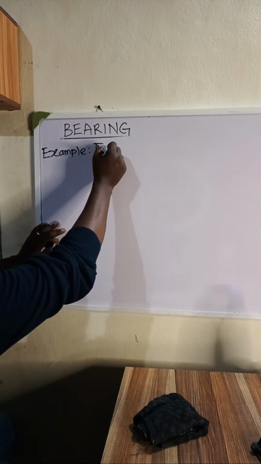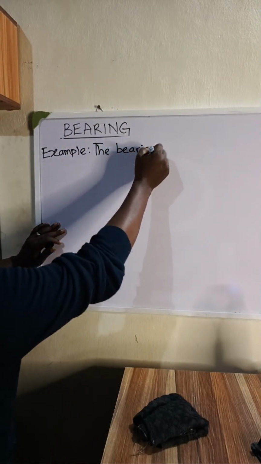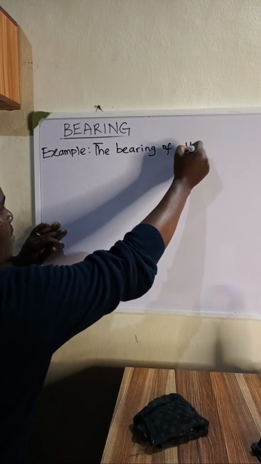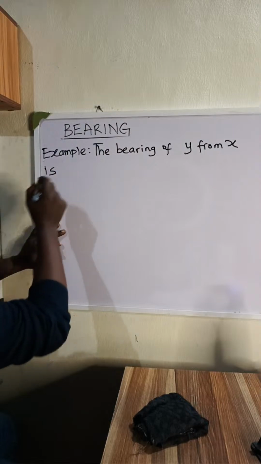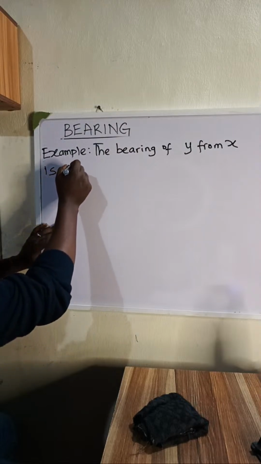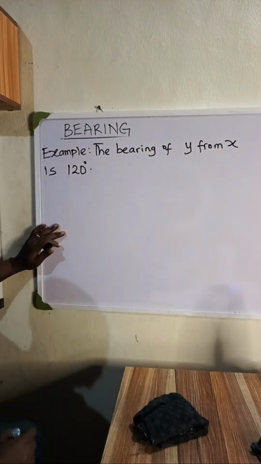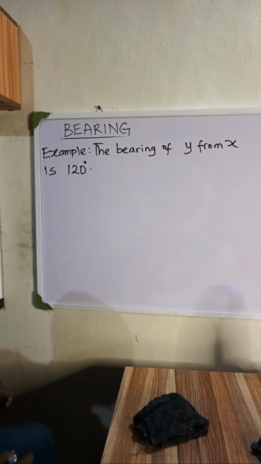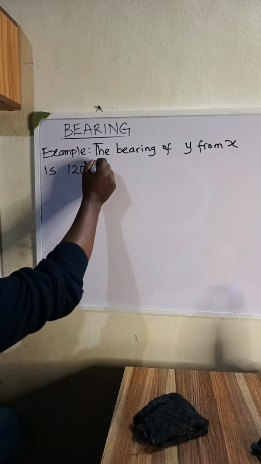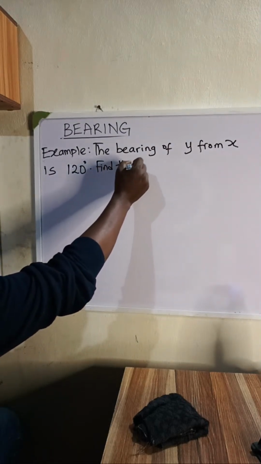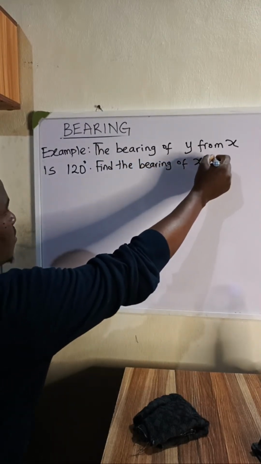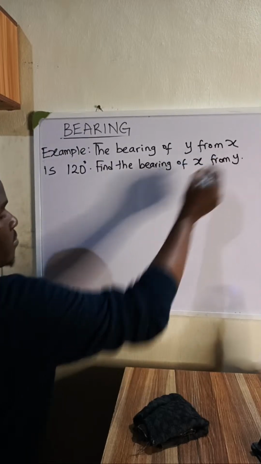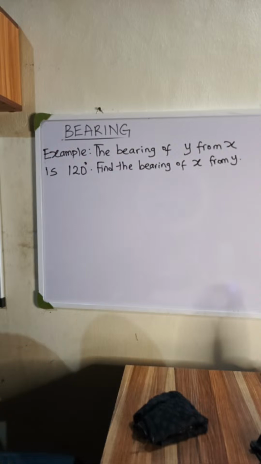The bearing of Y from X is 120 degrees. Find the bearing of X from Y. The bearing of Y from X is 120 degrees.